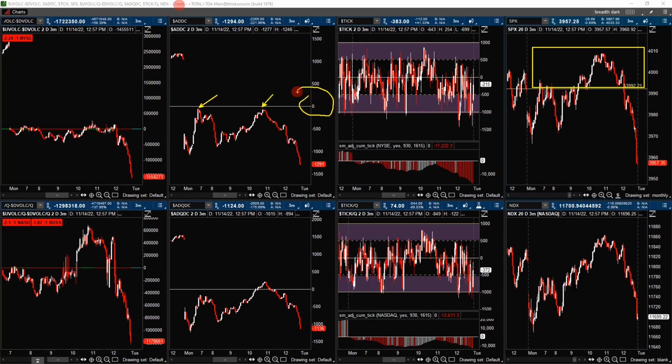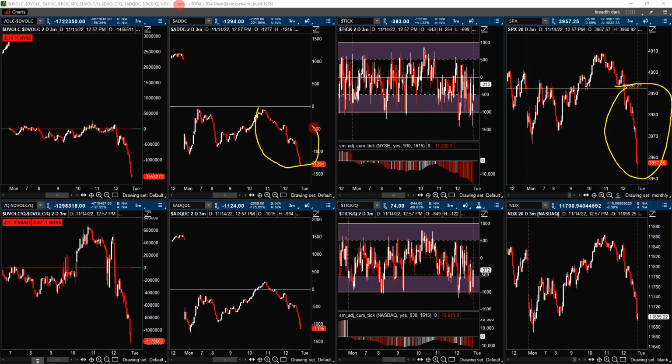In other words, there were more declining issues than advancing issues. An index that is moving up and having a gain with more declining stocks than advancing stocks gives you a clue that there's something wrong with this market, right? Eventually, those stocks that are lifting the index will get tired, and the ones that are declining will continue to drop, and that's basically what you see here.